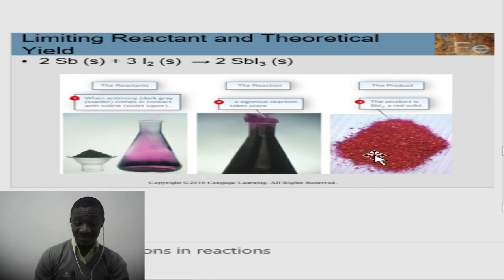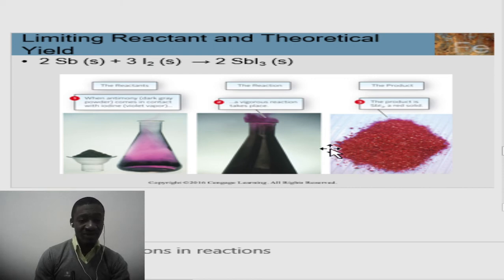And this explains what I said before when we started the course: the two reactants are nothing like their products. You have a dark gray powder and something close to violet, but you get something red, which means the reaction produced a product very different from the reactants.